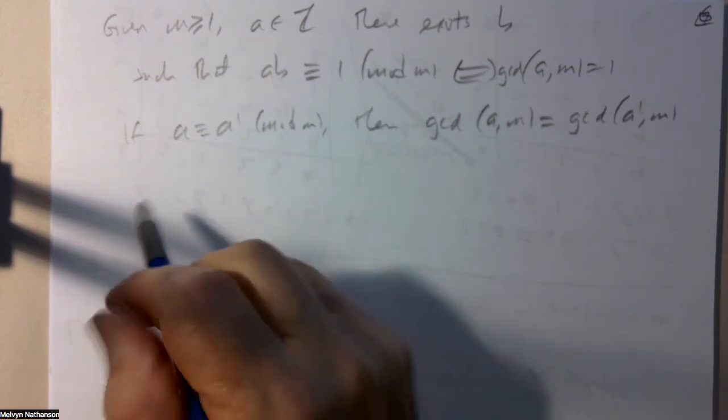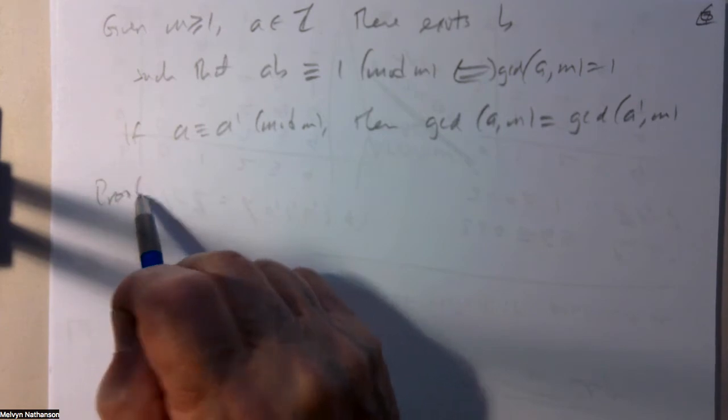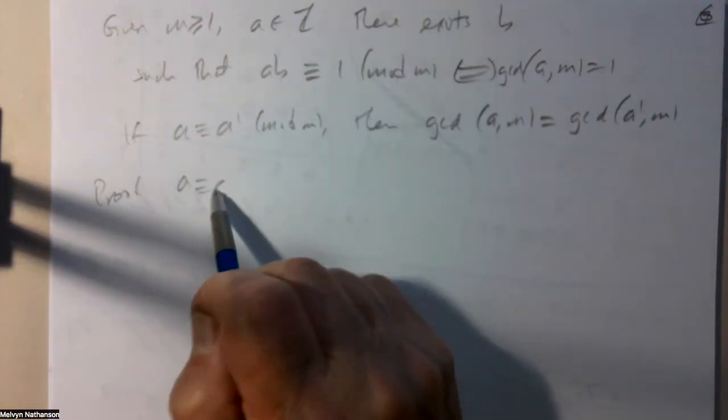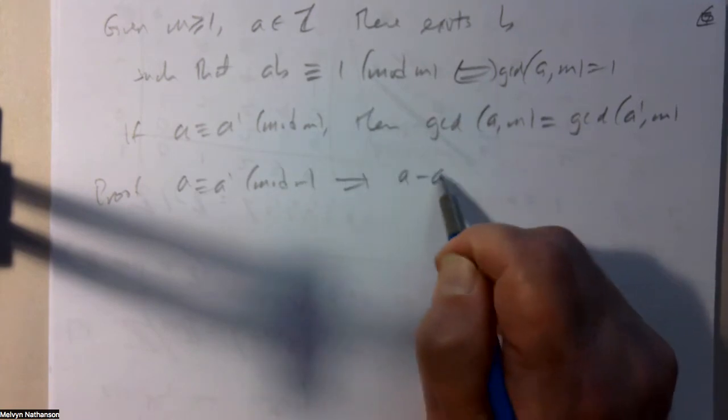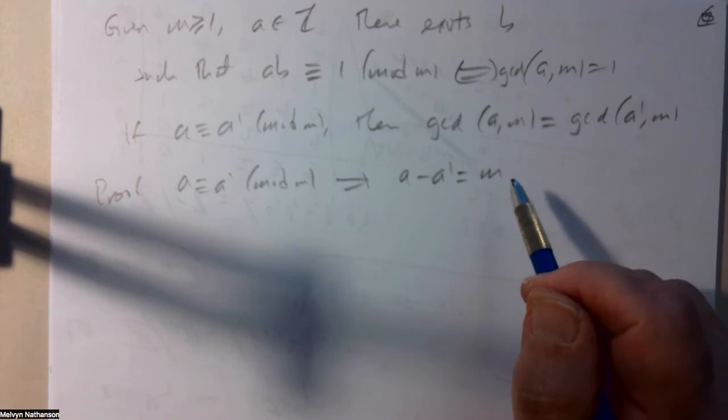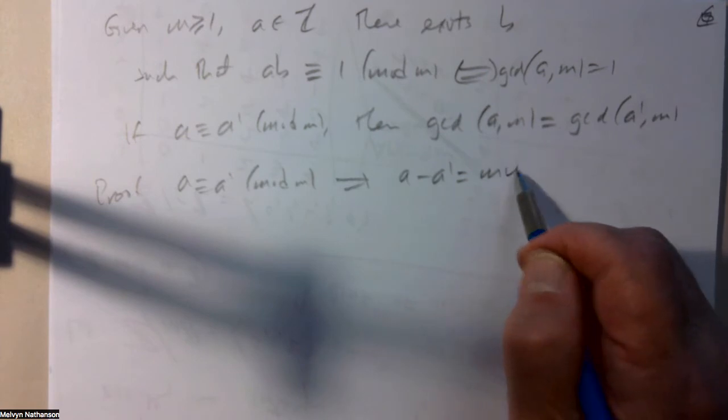And the reason is that a congruent to a prime mod m implies that a minus a prime is some multiple of m times some number u.